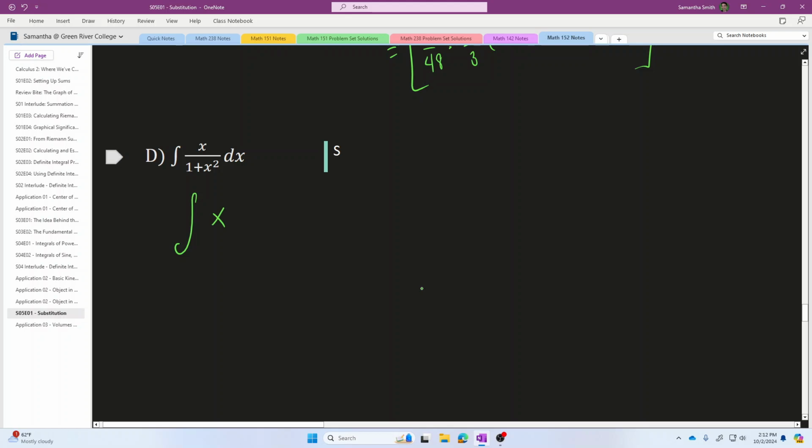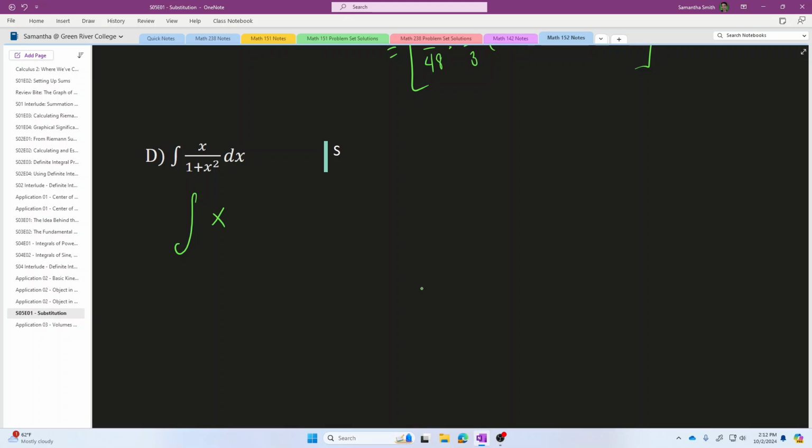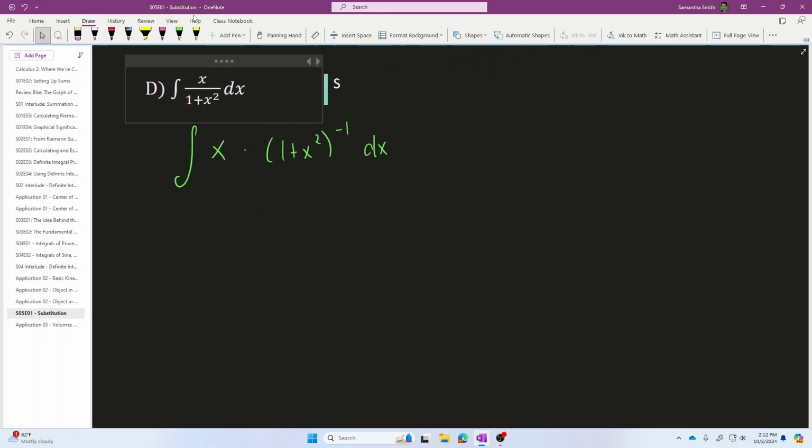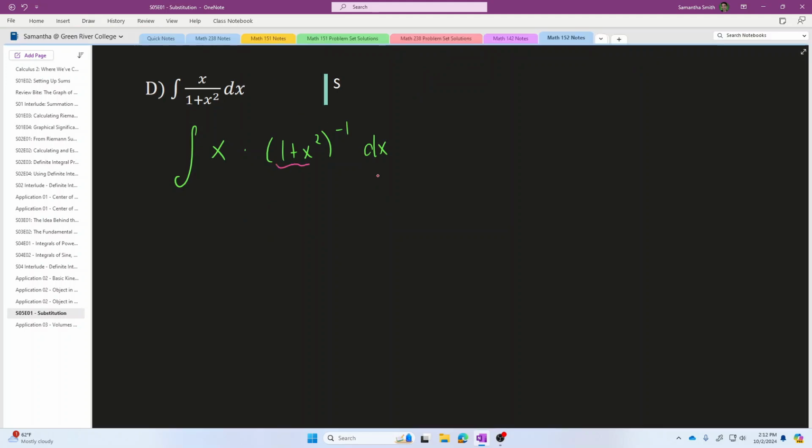Not x divided by 1 plus x squared, but x times 1 plus x squared to the power minus 1. So now I can see the product, and also I can see that I have a copy of a function, in our case the function 1 plus x squared, and as well the product is containing something very closely related to the derivative of that function.